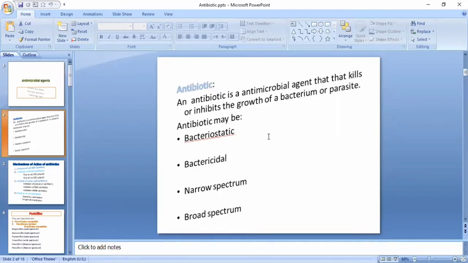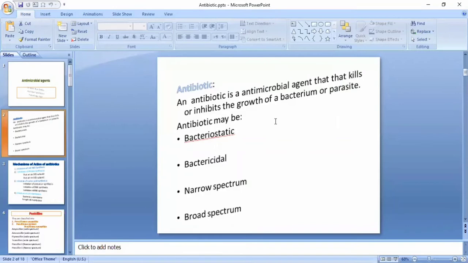So the antibiotic is an antimicrobial agent that kills or inhibits the growth of bacterium or parasite. So the antiviral drugs are excluded. They are not antibiotics.